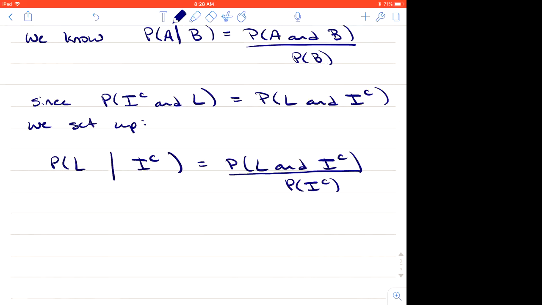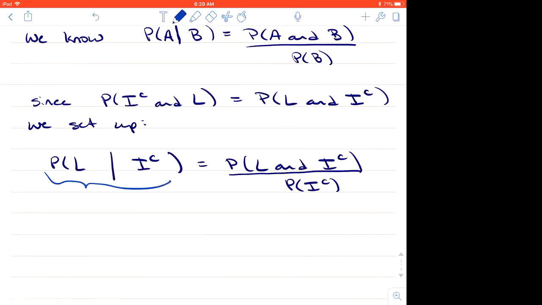It should be the probability of L given that they were not inoculated. Sorry, it's Monday morning for me too, guys. Been here a while, but still a little soggy. There we go.